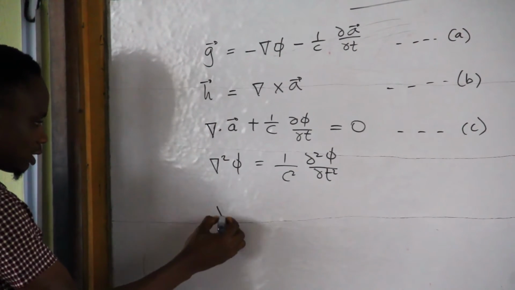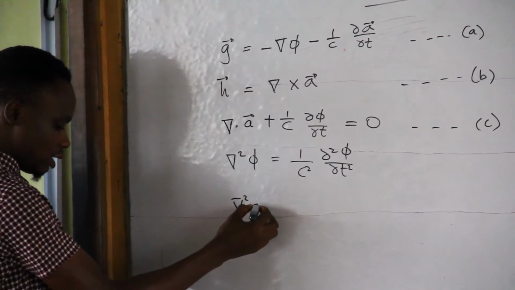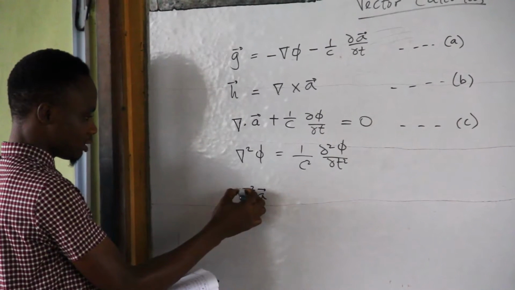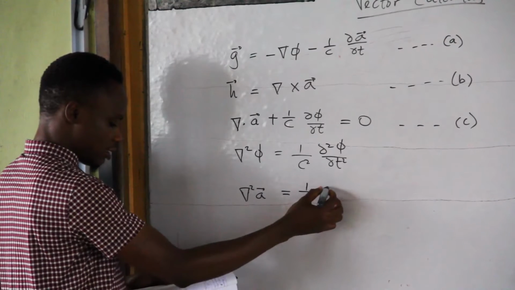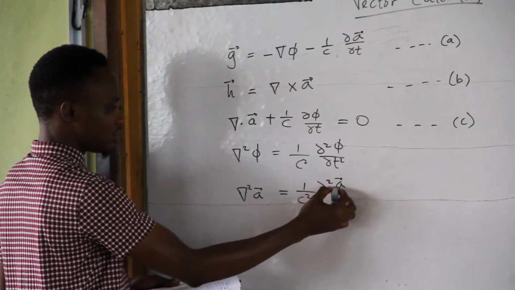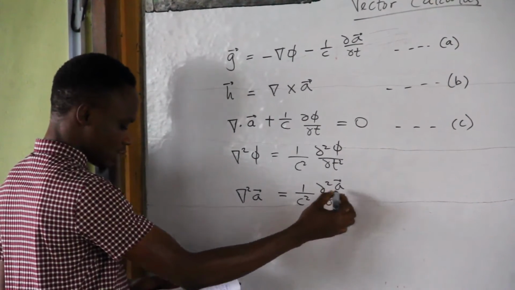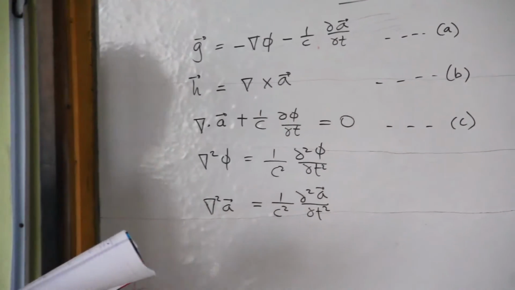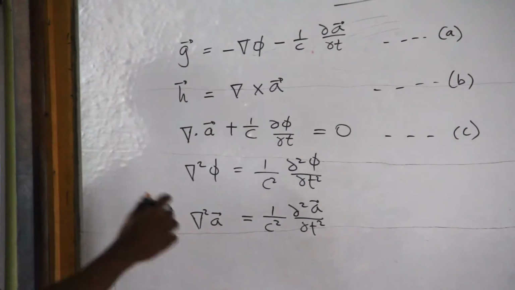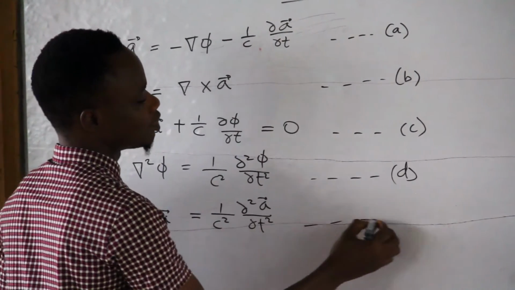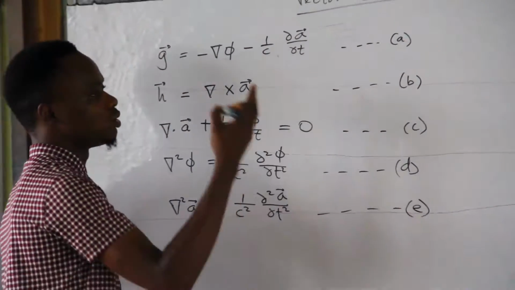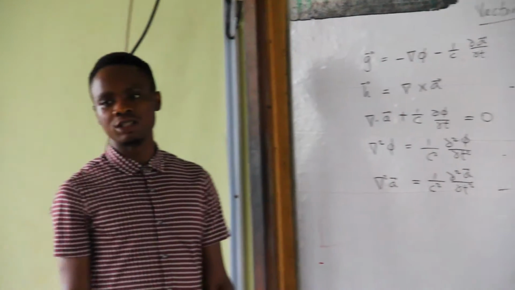And then the last one, nabla squared A, so nabla squared of a vector, is equal to 1 over C squared, then del squared A, del T squared. And then we are told that. So we have all these conditions, all these statements already given to us.